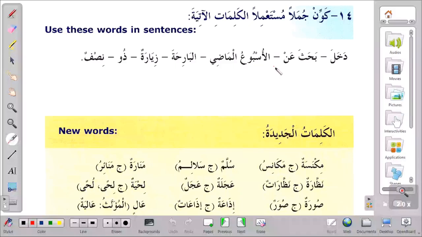If you can remember, in this lesson we look at at least 14 exercises. This is exercise number 14. So at least we don't leave the student alone. We give at least one assignment for the student to do something. Please sit down and do it on your own. Man lam yazuk la ya'rif.